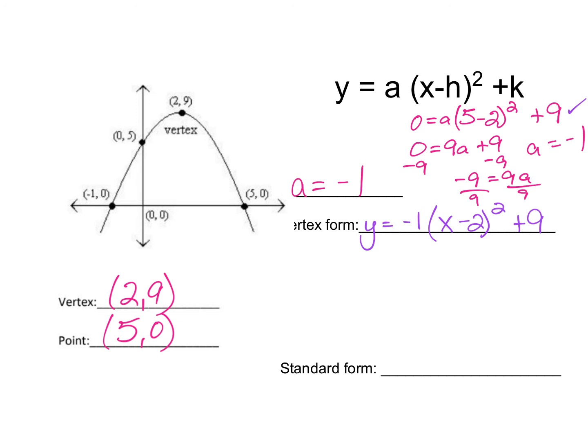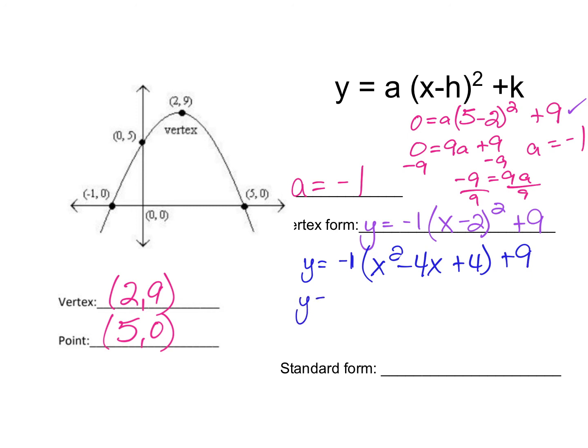All right, now let's move on to getting it into standard form. So Y equals negative 1, squaring: X times negative 2 is negative 2X, and then double that, so that would be negative 4X, and then plus 4, and then plus 9.